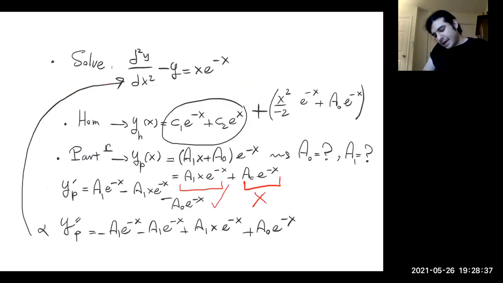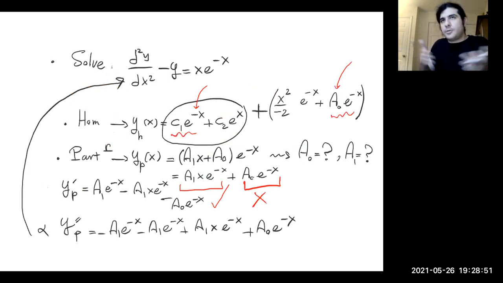Because here we have something times e to the minus x, and its coefficient can be anything. So it doesn't matter what this a naught is. We can add these two things, and their sum would be another constant times e to the minus x.